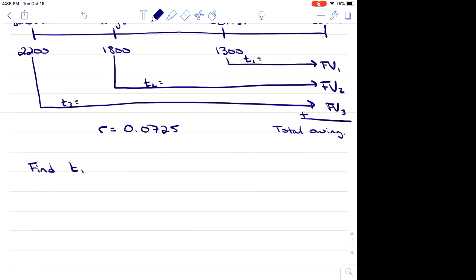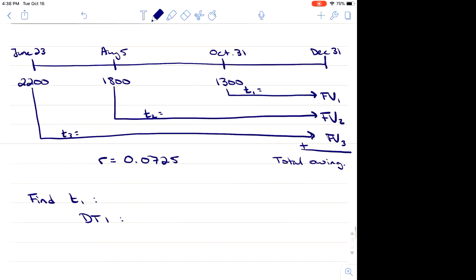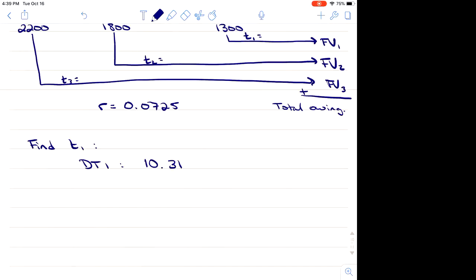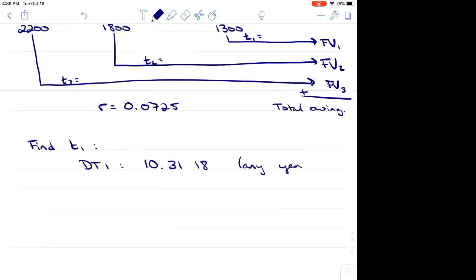So find T1. You're going to use the days between dates, of course. So date 1 is October 31st. October is the 10th month, 31st day, and the year, let's say this year or any year.